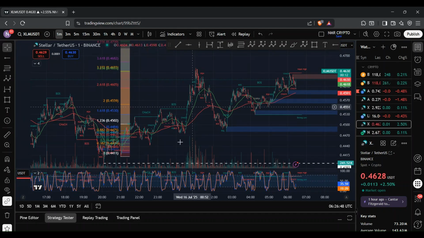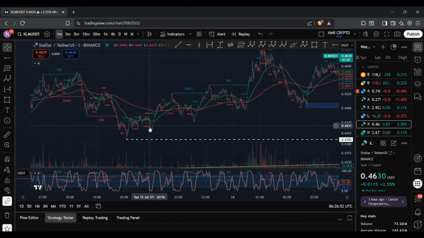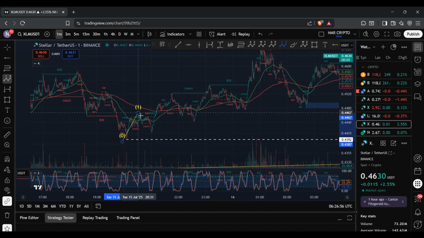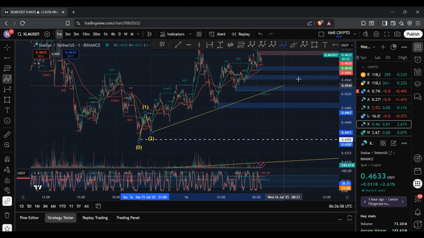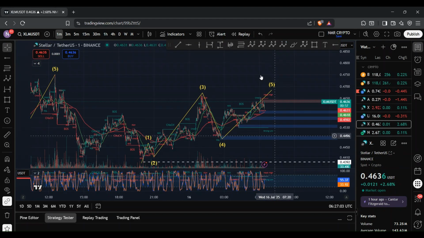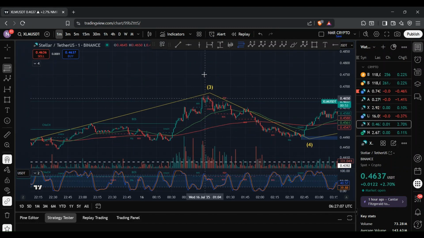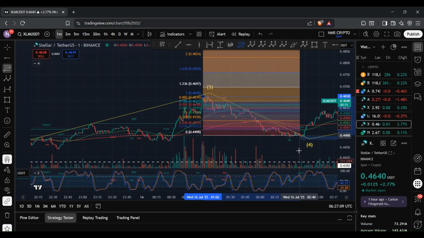And then since then, we saw this push to the upside also. So it's possible that what we are forming is a 5-wave move, where this will be the wave 1, a wave 2, a wave 3, wave 4, and a wave 5, where the next key target will be the 1.236 level, or anywhere between 1.236 to 1.618.